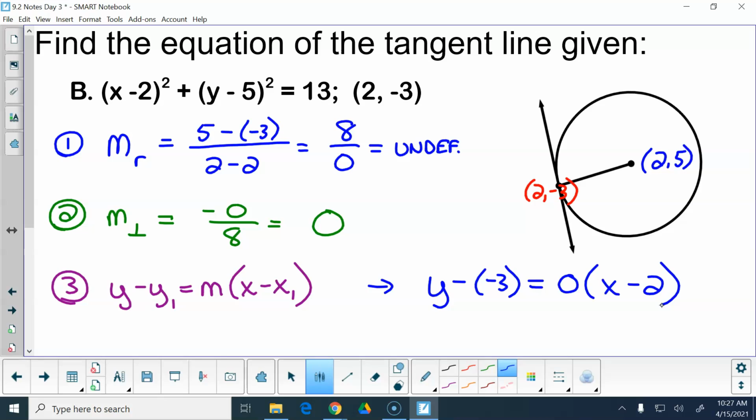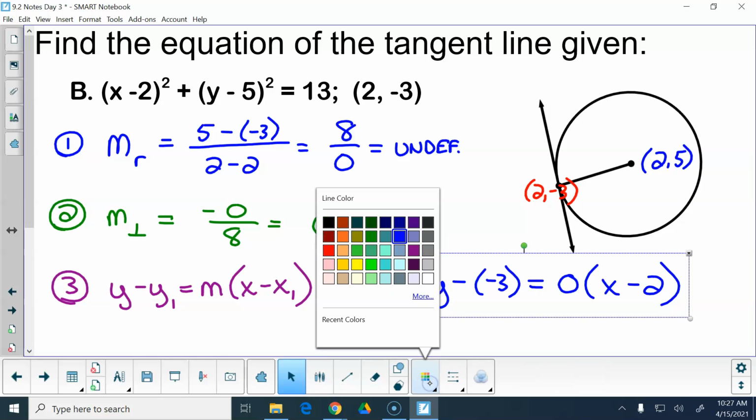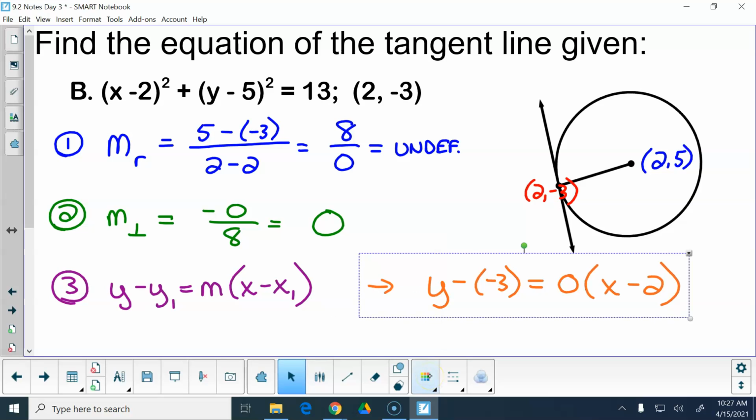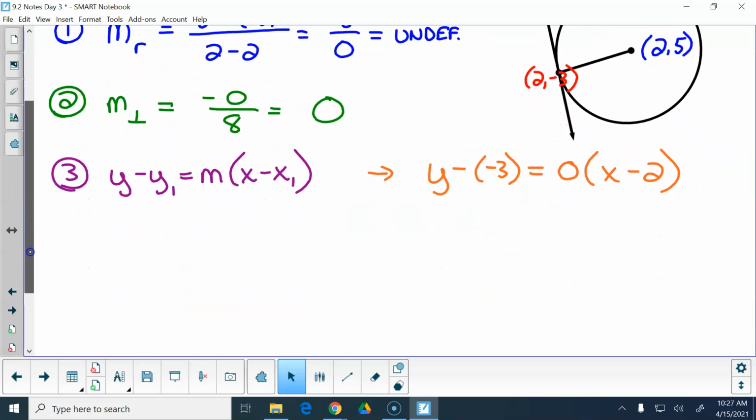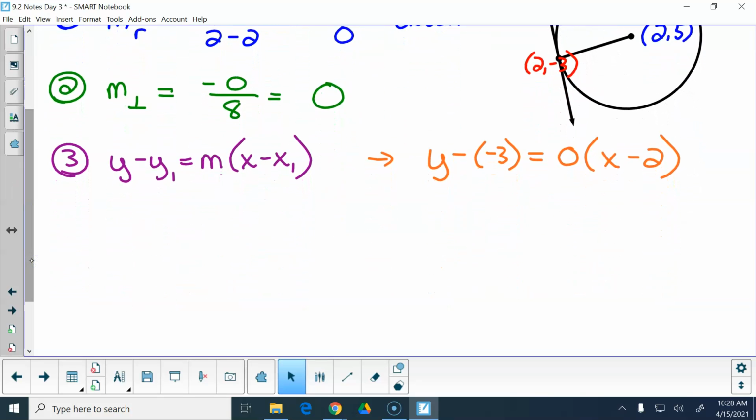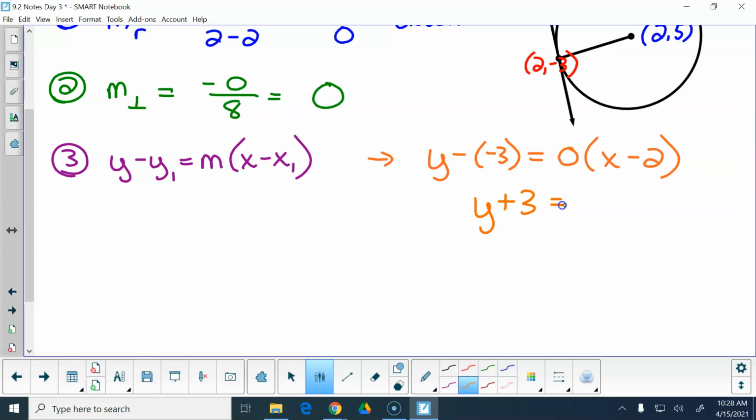That was supposed to be a different color. 0 times anything is 0. So the equation of my tangent line is y equals negative 3.